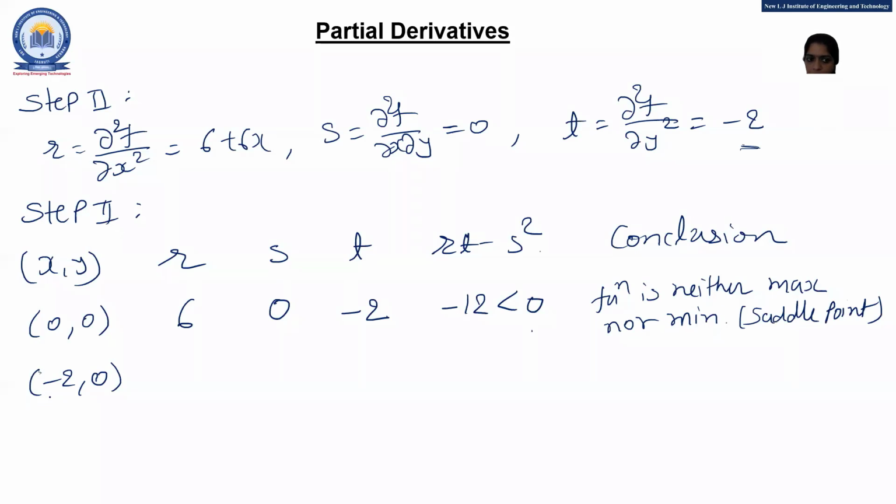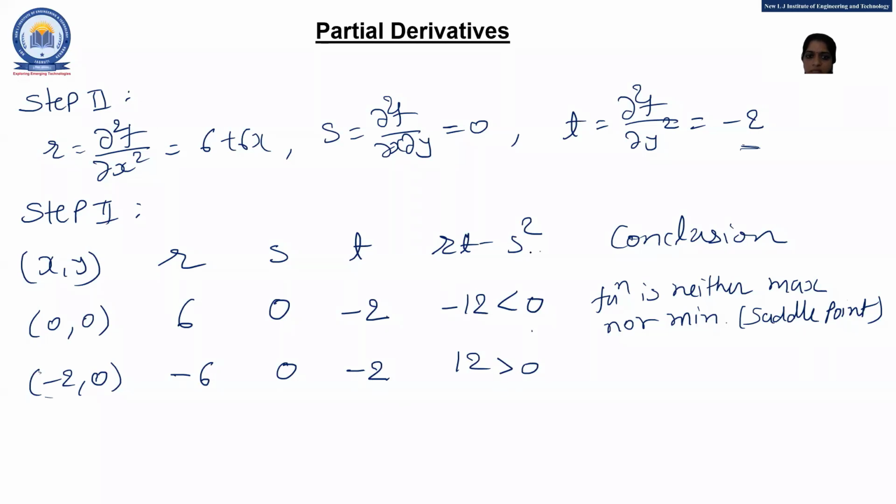And for the other point, -2, 0, if I substitute x as -2, then 6 plus 6 into -2, that is 6 minus 12, so my R is -6. S is again 0, T is again a constant, that is -2. So RT minus S square for this point is -6 into -2, that is +12, so it is positive.